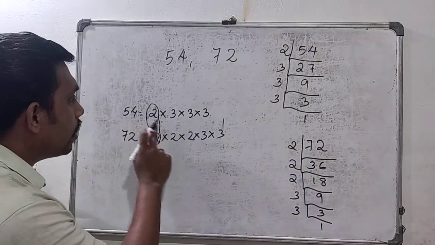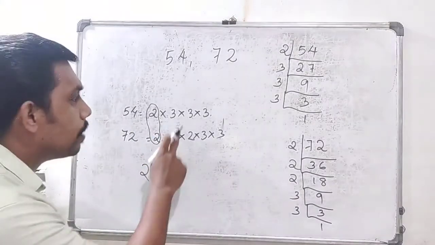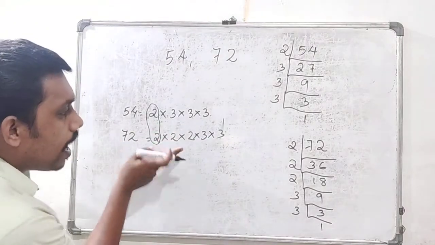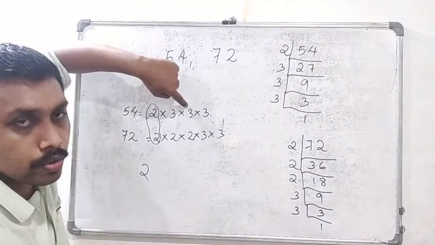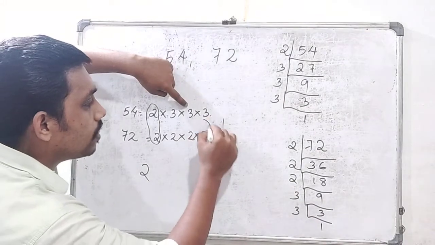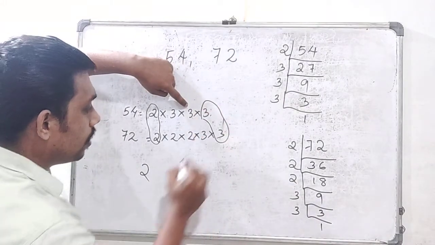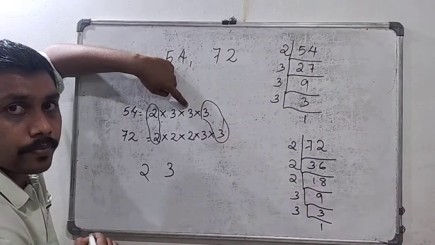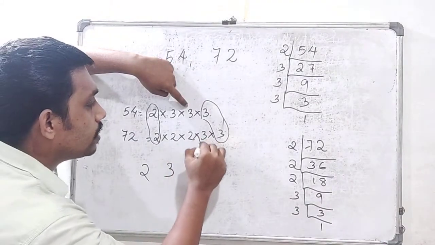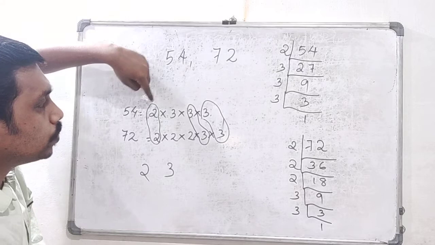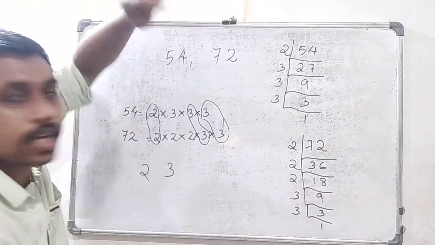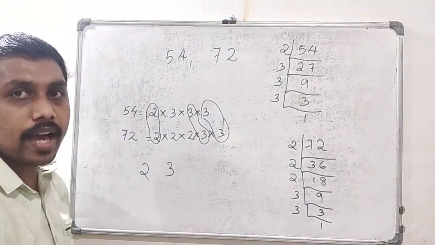Now there is another 2 here, but there is no 2 in the other. Look here, there is a 2 here, but there is no 2 there. Now we have another common factor, 3. Write the 3. And again we have another common factor, that is 3. So we have 2, 3, 3. These are the common factors here.